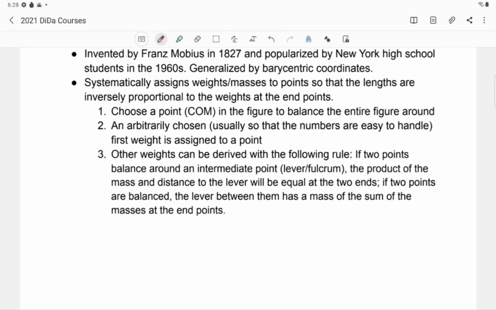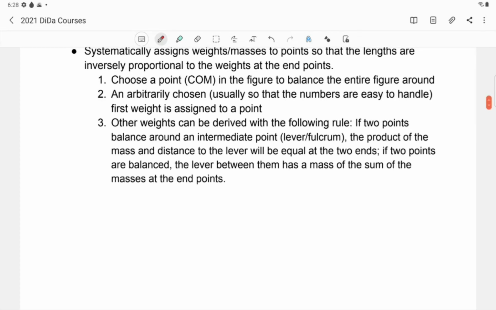And the steps it usually takes to solve a problem: first you choose a point, or center of mass, in the figure to balance the entire figure around, okay? Then you can start with an arbitrary point to assign the first weight.